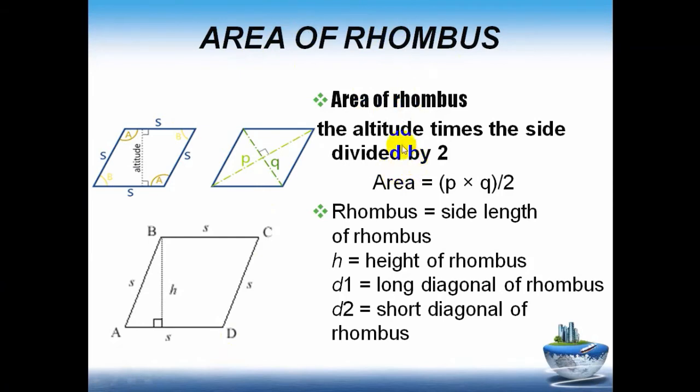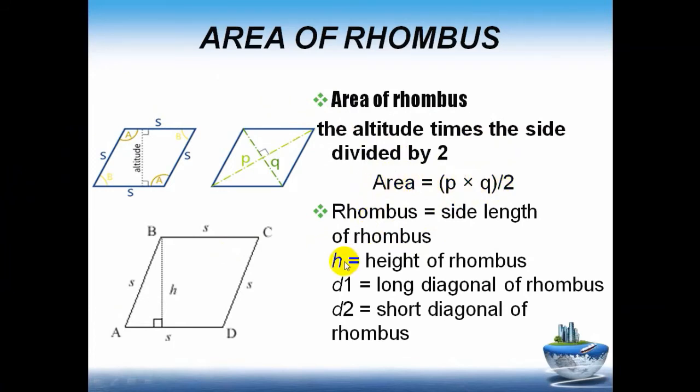Area is also equal to P multiplied by Q divided by 2, where S is the side length of the rhombus. P and Q are the lengths of the diagonals in a rhombus. So P multiplied by Q divided by 2 is the area.